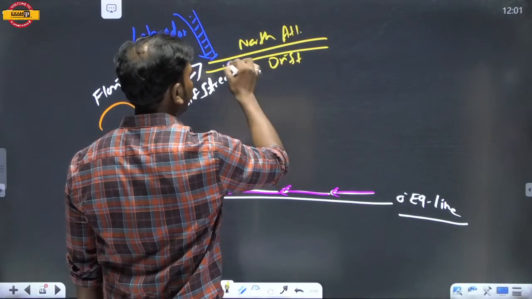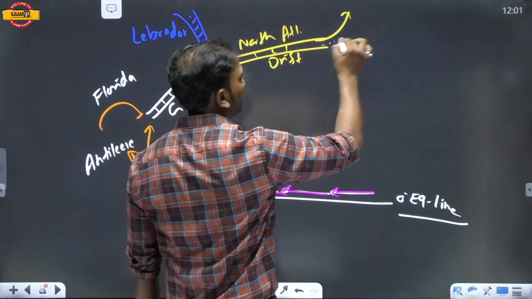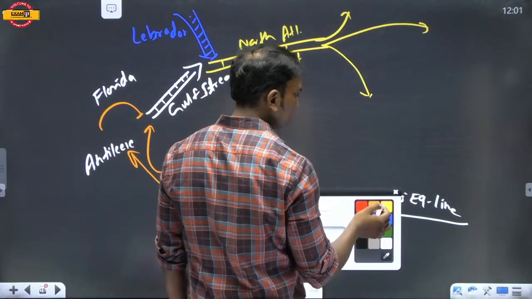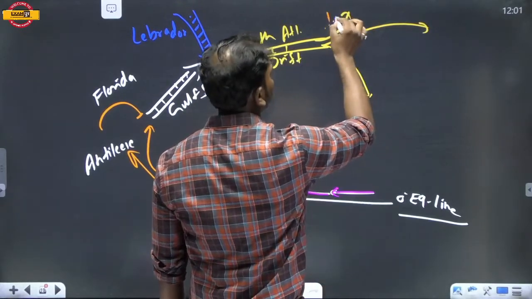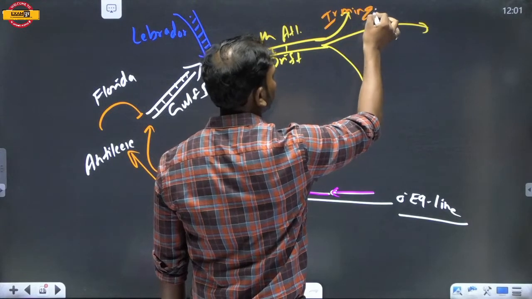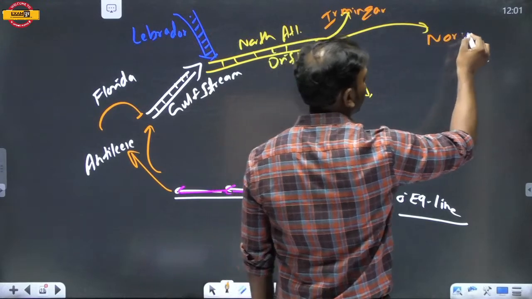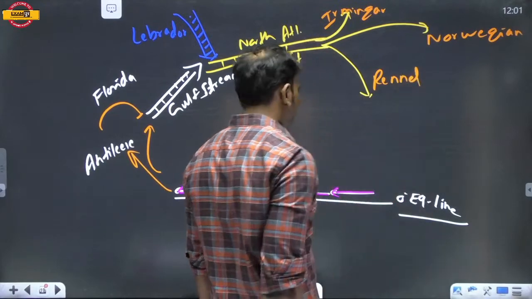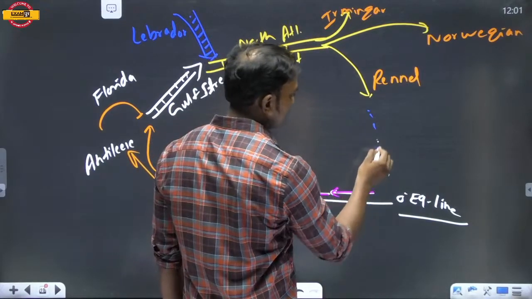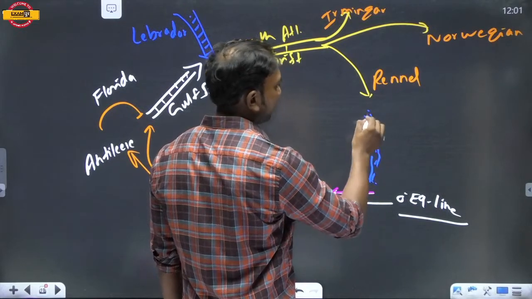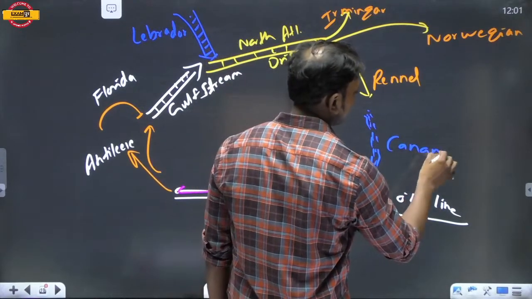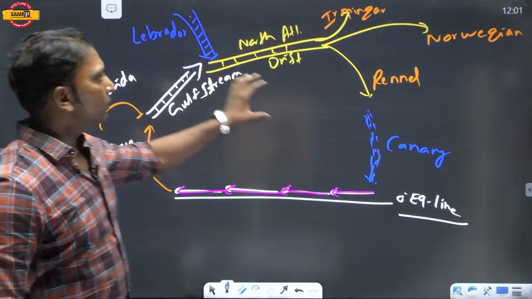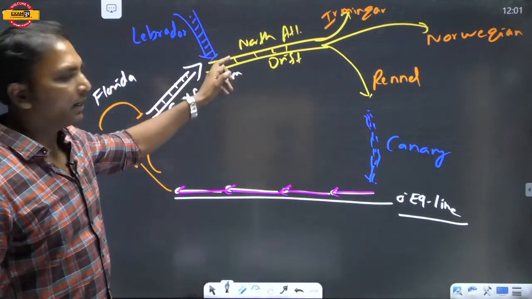The North Atlantic Drift divides into three: one is Irminger, another one is Norwegian, and the third one is Rennell. And then you see another cold current, that is the Canary. So this is the Canary, and this one is the Labrador. Now you see the two cold currents are there, and also the East Greenland current.